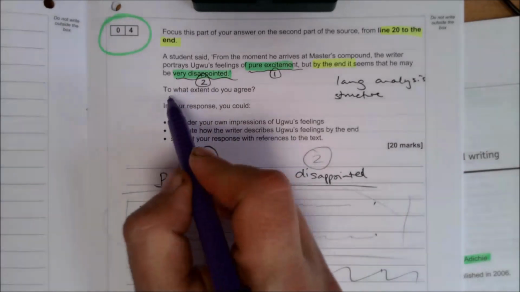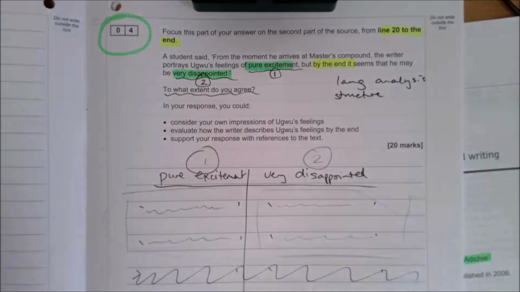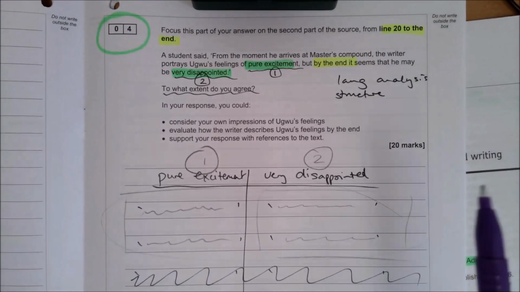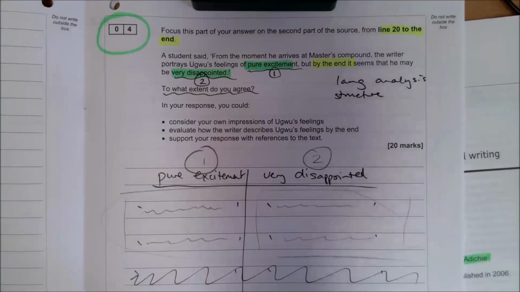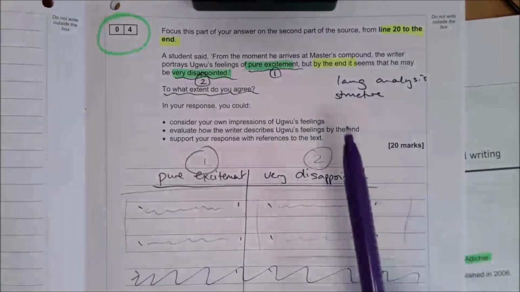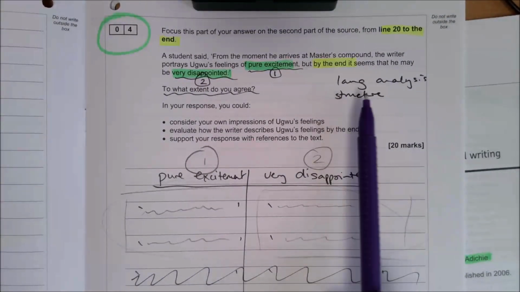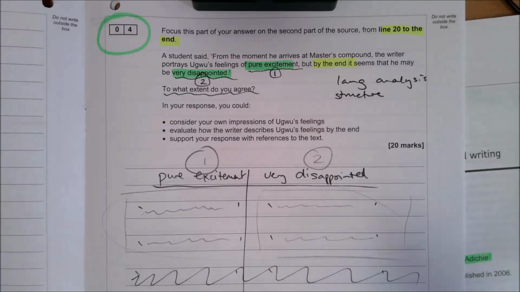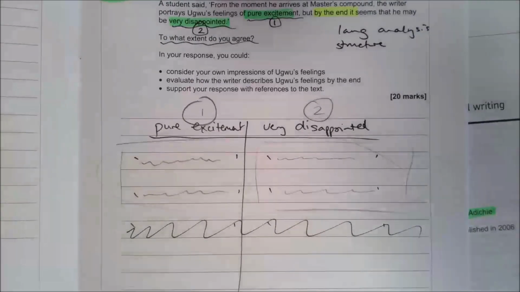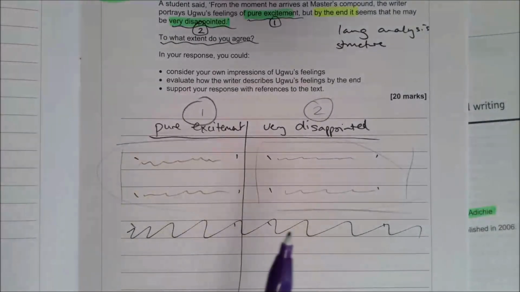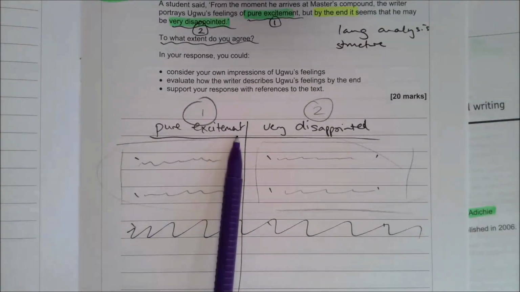The same sorts of things that we use for question 2 and 3 are important here. Language analysis and structure are your friends. I'm recommending that if you have time, a little grid that doesn't take you more than a minute or 2, where you've put pure excitement, number 1, very disappointed, number 2, and you have your quotes like so.